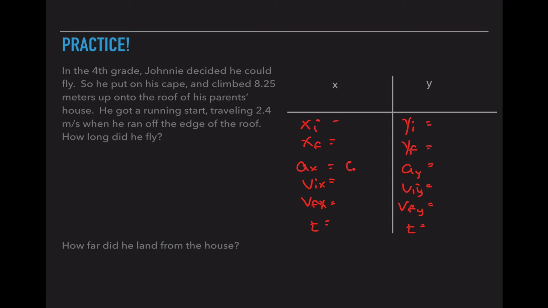I automatically know that AX is 0. I automatically know that AY is negative 9.8 meters per second squared, and I automatically know that VIY is 0.